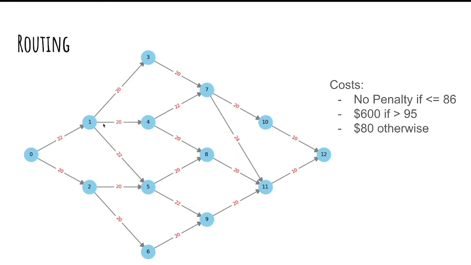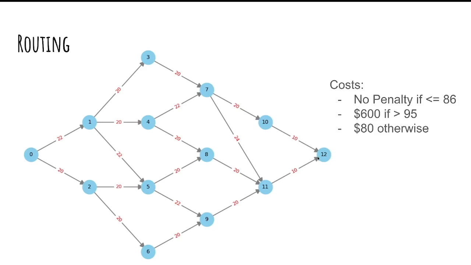Well, the important point here is that if you go the shortest route, which is, for example, you go from 0 to 2 to 6 to 9 to 11 to 12, which gives you an overall 90-minute expected value. So likely you won't be making the short-term parking, but you will make your flight if you take this route.